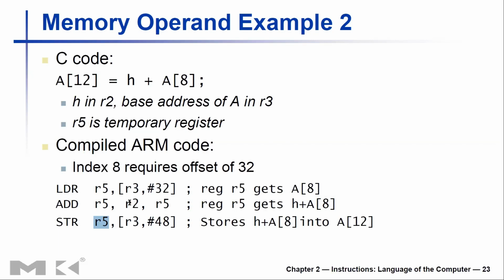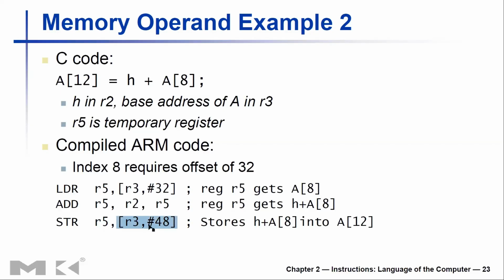That is again to make things uniform. So that's a good question. For things related to memory, memory addresses, we are always stating them as the second argument of the instruction.